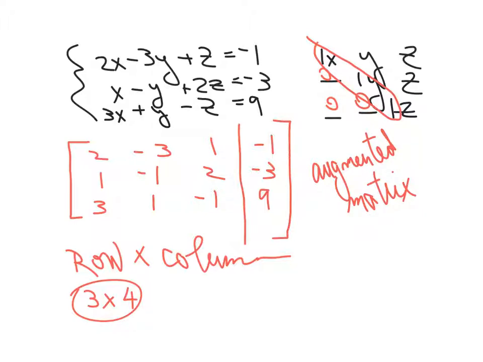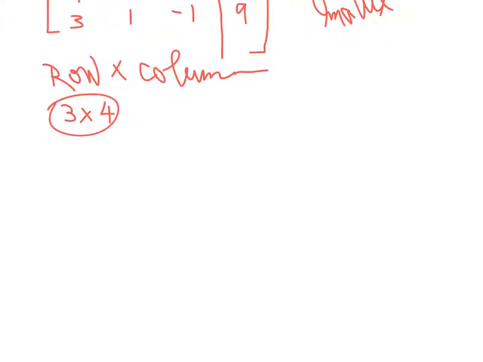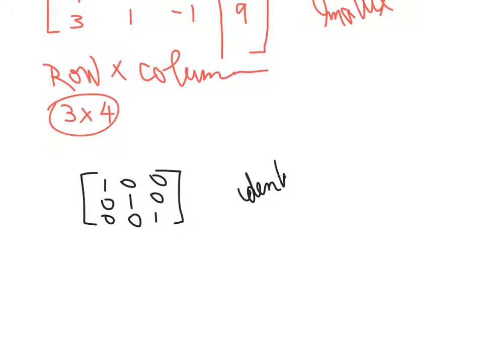And if we have a matrix that looks like this, and let's say it's a 3 by 3, but it looks like this, that's called an identity matrix.